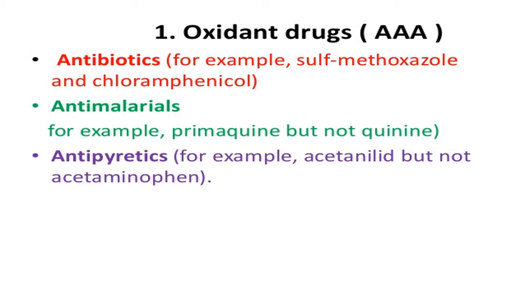Coming to the oxidant drugs, these are just examples. Antibiotics, for example sulfamethoxazole, chloramphenicol. Anti-malarial drugs like primaquine, but not quinine. Quinine is not an oxidant drug. Antipyretics, for example acetanilide.